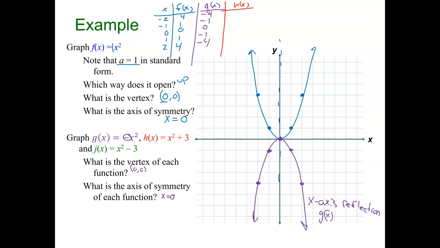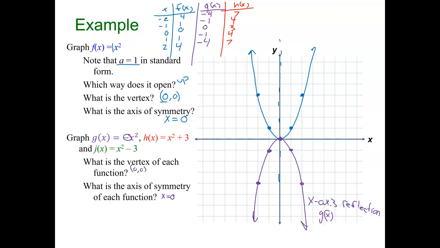Now let's move into h of x. When we had our parent function with f of x, all we had to do is take our y values and make them negative. So let's look at what h of x is going to do. I'm still using -2 as my x value. So -2 squared is what? 4 plus 3 is 7. -1 squared plus 3 is 4. 0 squared plus 3 is 3. 1 squared plus 3 is 4. 2 squared plus 3 is 7.